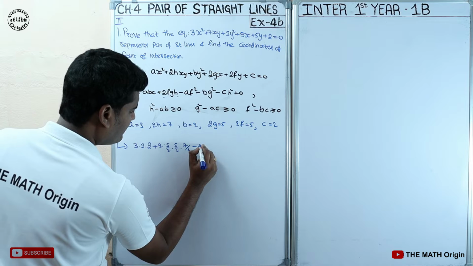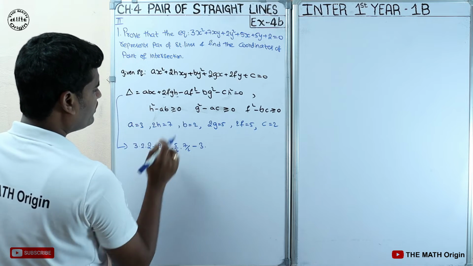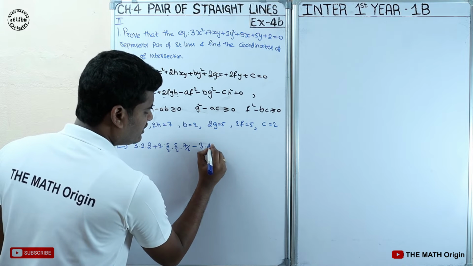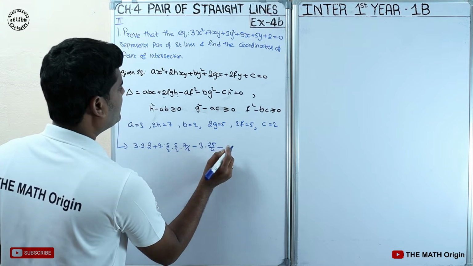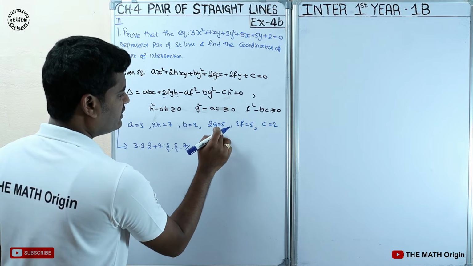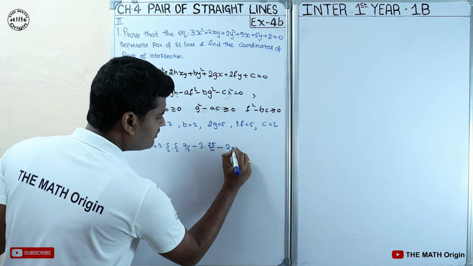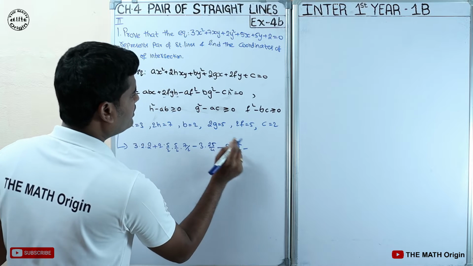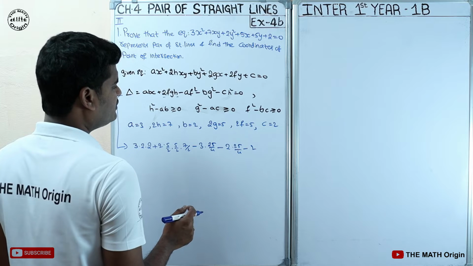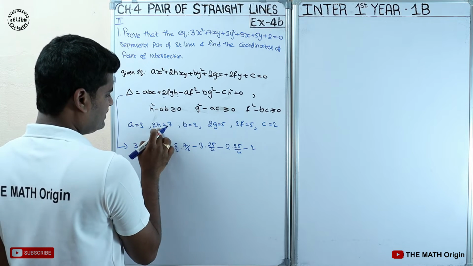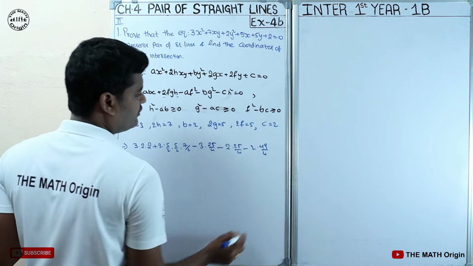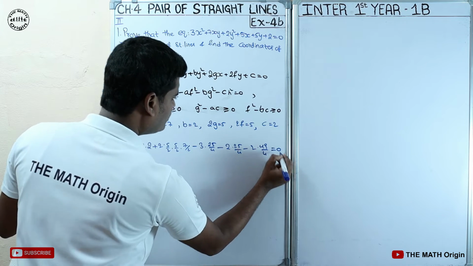Minus a, which is 3, into f², which is 25 by 4. Minus b, which is 2, into g², which is 25 by 4. Minus c, which is 2, into h², which is 49 by 4, which should equal 0.